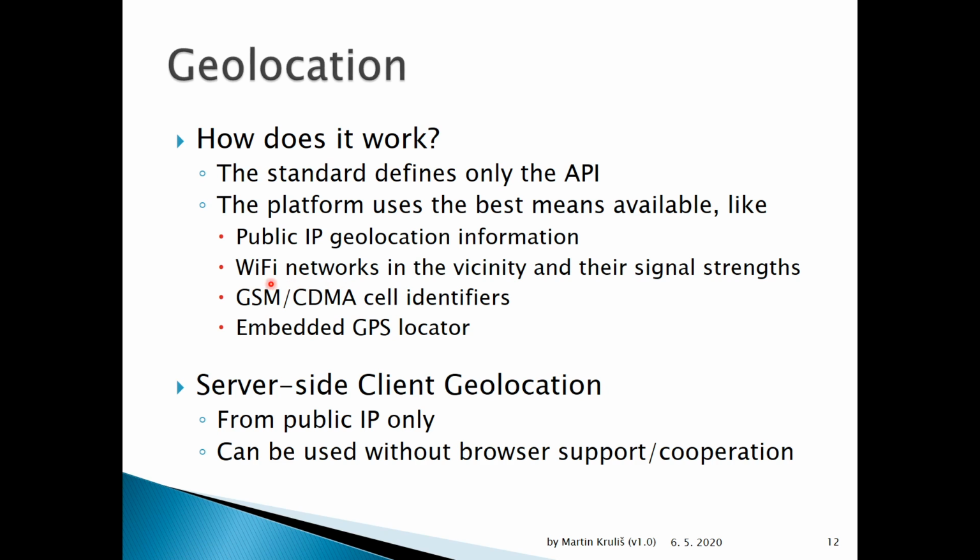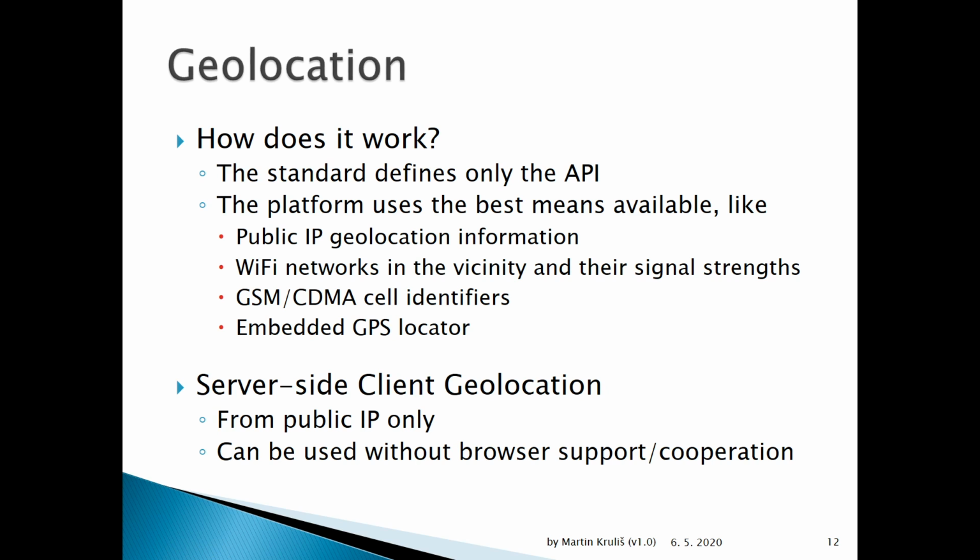Similar things go with GSM cells, with BTS stations. So if you have cell phone connectivity, if you have a GSM modem in your device, then this modem can give you a list of nearest terrestrial stations.